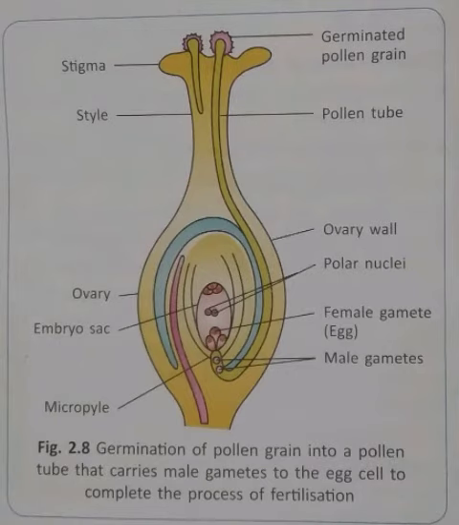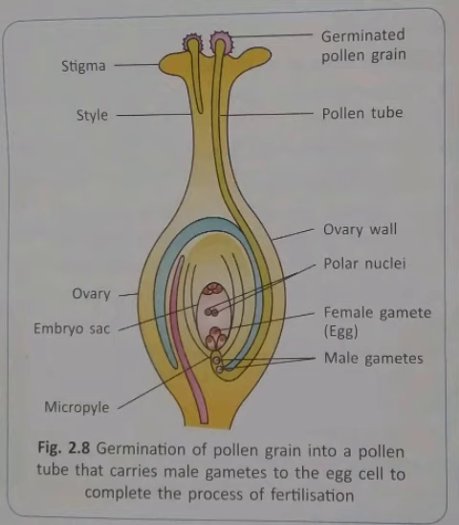Now, as the pollen tube which contains the male gametes reaches the ovule, the tip of the tube opens and releases the male gametes to fertilize the female gamete present inside the ovule. This fusion of male and female gamete inside the ovary is known as fertilization.